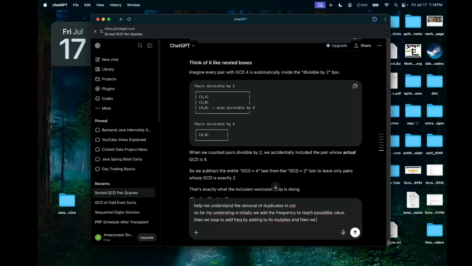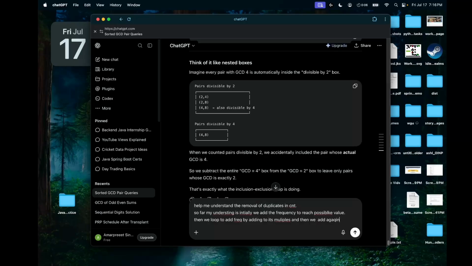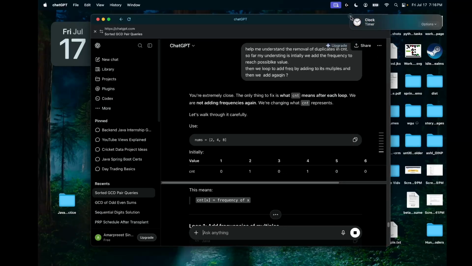So this is where we are adding to our multiples again. I think 45 minutes are over, but I'll still try to finish this off. The only thing to fix is what count means after each loop. We are not adding frequency, we are changing it.